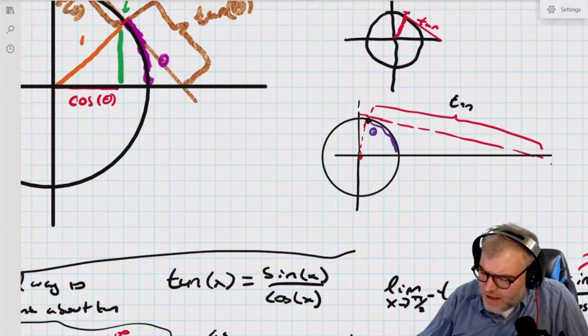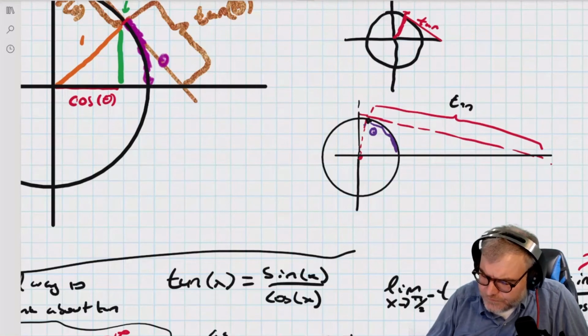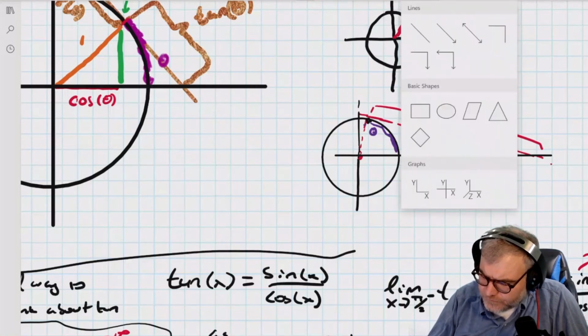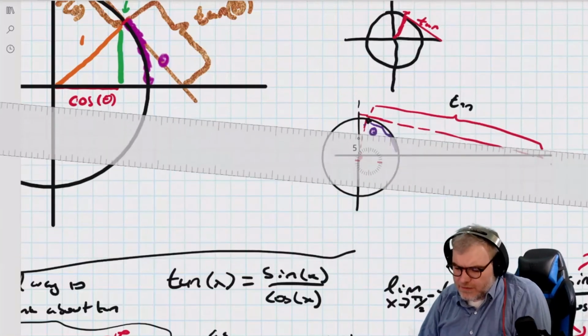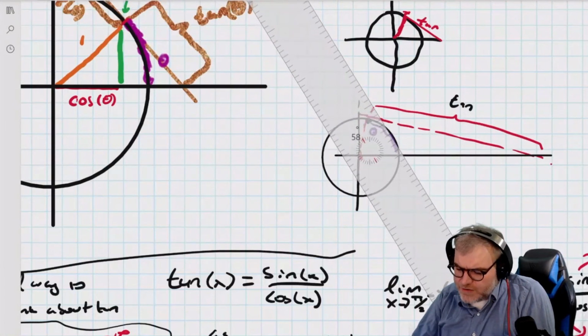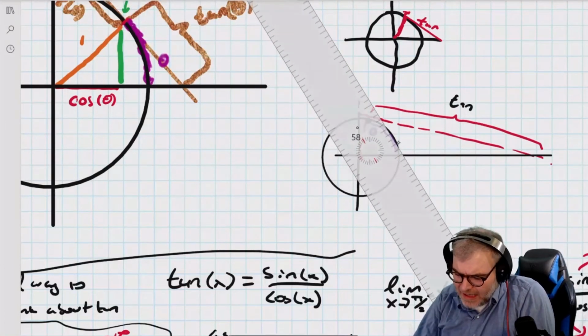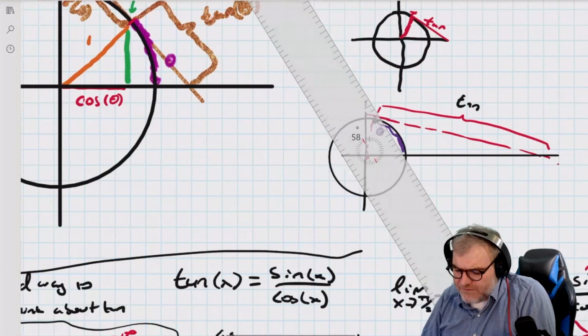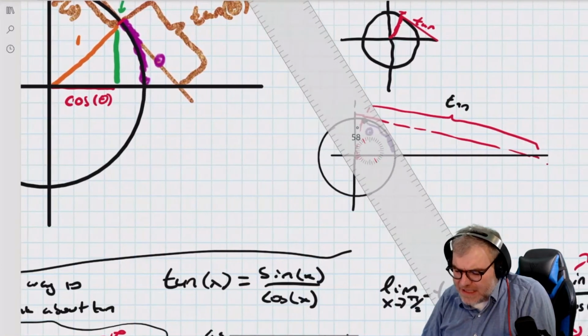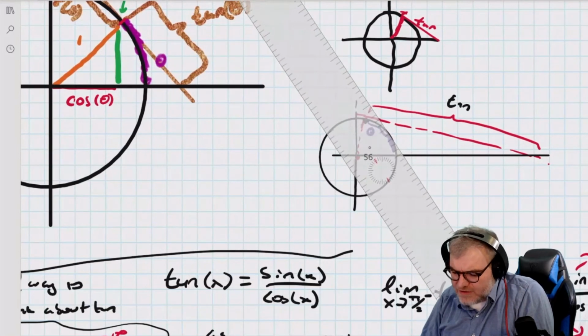So here, if my angle is right here, I don't have much there, right? If my arc length is right there, I have a very short tangent.